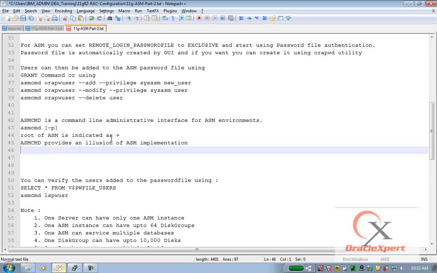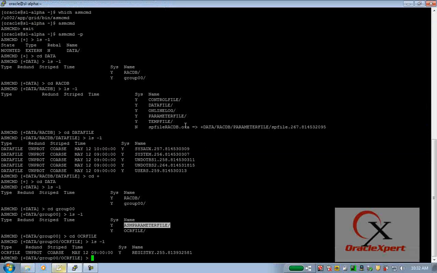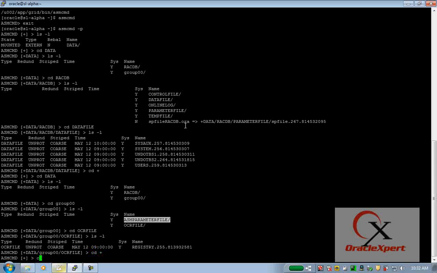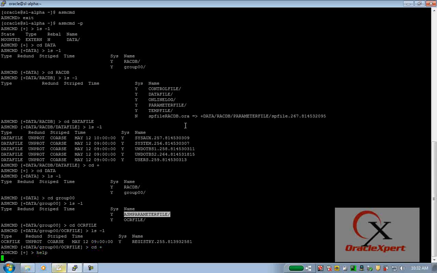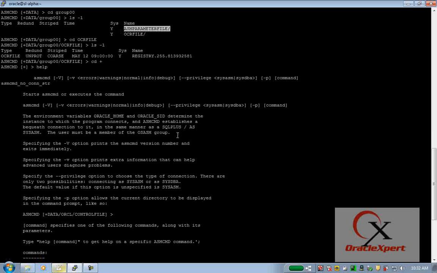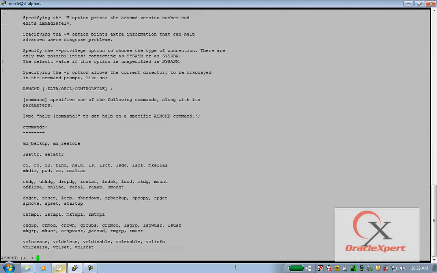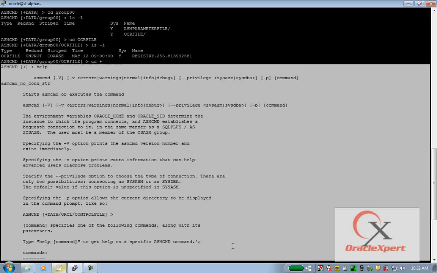So ASMCMD provides an illusion of ASM implementation, and as I said earlier, it's an administrative interface. By administrative interface, I mean you can use any of these supported commands on the ASM command prompt.